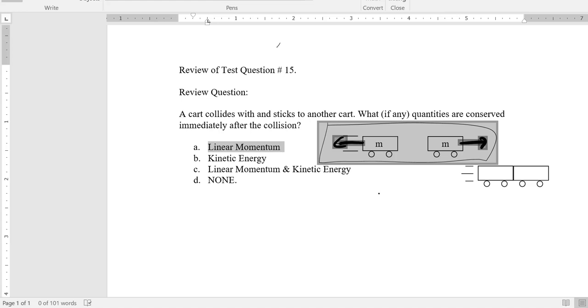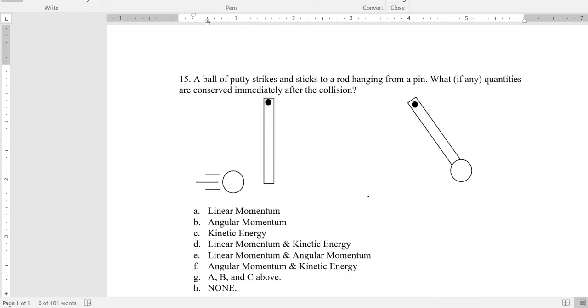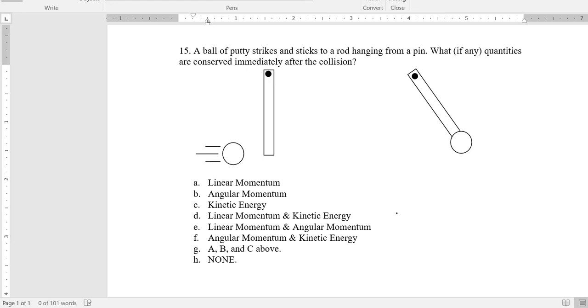Now here is the Physics C question. Are you guys ready? A ball of putty strikes and sticks to a rod hanging from a pin like this. What, if any, of these things are conserved? Now I've got, of course, more answer choices, making it a little more exciting for you too. The putty sticks to the rod, and the rod and the putty swing off together. At the moment of collision, what is conserved? Well, I can start with what's not conserved. Definitely not kinetic energy.